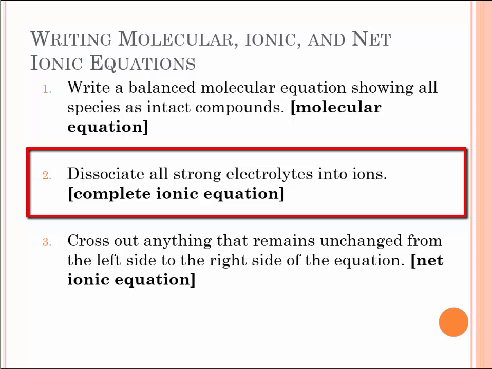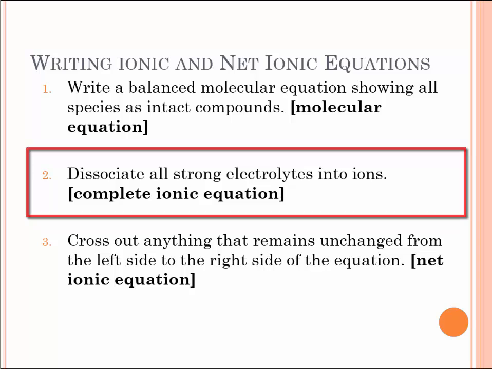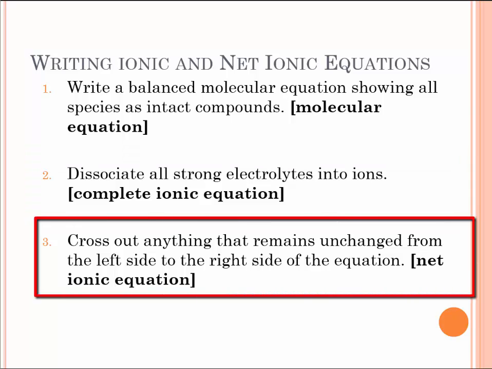Also, it would be strong acids and strong bases, but we haven't done that. That creates a complete ionic equation. Then you cross out anything that remains unchanged from the left side to the right side, the spectator ions. These are removed and you're left with either nothing, which means no reaction, or a net ionic equation showing the ions and formula units involved in the actual chemical change.